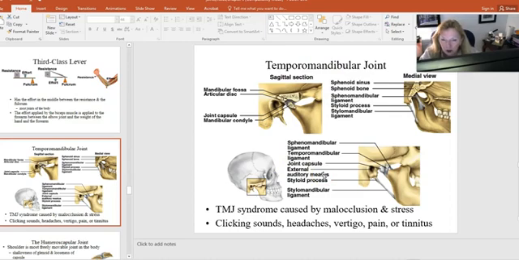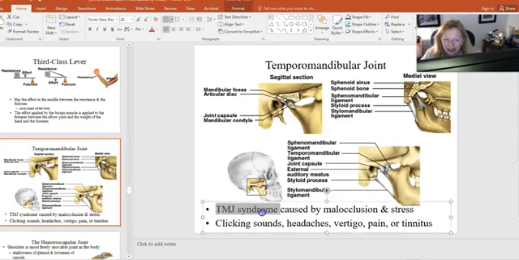Now, I want to talk to you about something that has been relatively recently identified in medicine as an actual syndrome, and that is called TMJ Syndrome. Some people say, oh, I have TMJ. Well, we all have TMJ. We have temporomandibular joints. But what they really mean is temporomandibular joint syndrome. Sometimes it's called disease. But what happens here is there's really pathology going on in the joint.